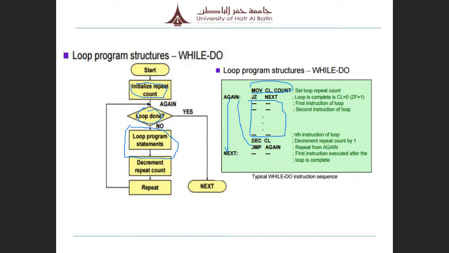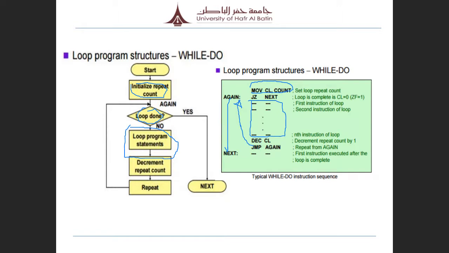All right. What are the differences between repeat until structure and while do structure? One thing is the condition is checked at the beginning in while do structure, but in repeat until the condition is checked at the end. And the other thing is, in a while do structure we have two jumps.